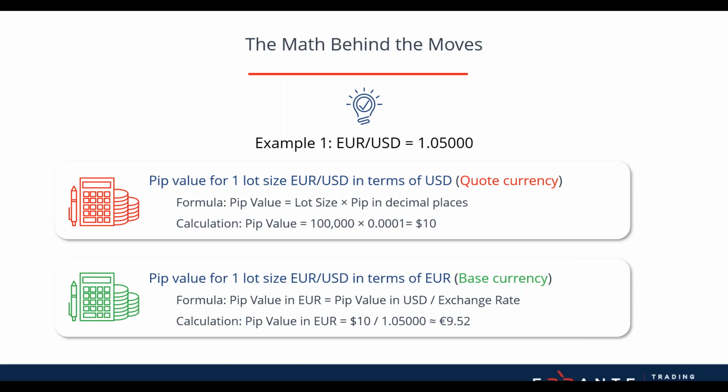For a standard lot of 100,000 units, the pip value would be $10, as we mentioned earlier. And now, to get the pip value in terms of euro, you would divide that $10 by the current exchange rate of 1.05, resulting in approximately 9.52 euros.